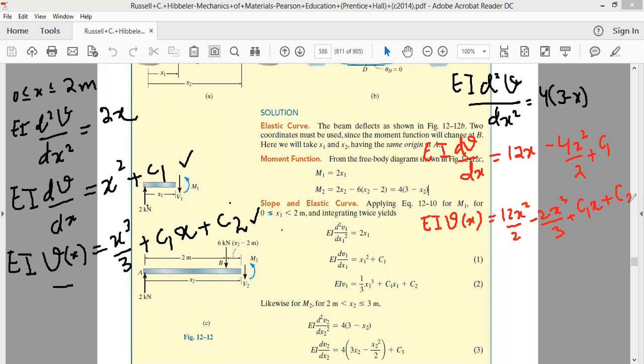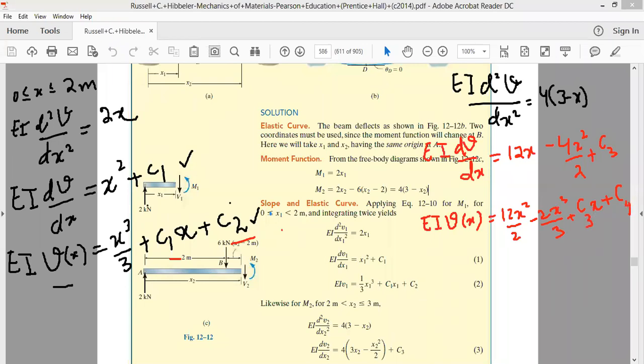Since we have already used the two constants of integration c1 and c2, we will not write c1 and c2 here, we will call them something else. So this is c3x and this constant is c4.